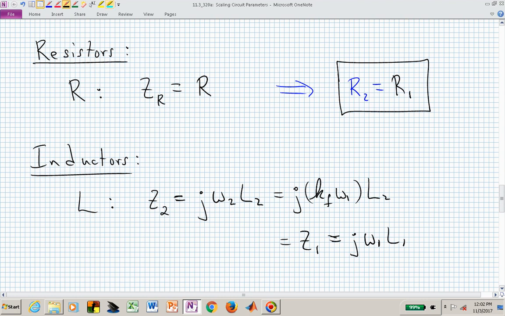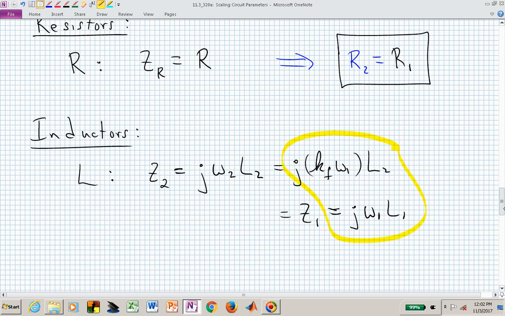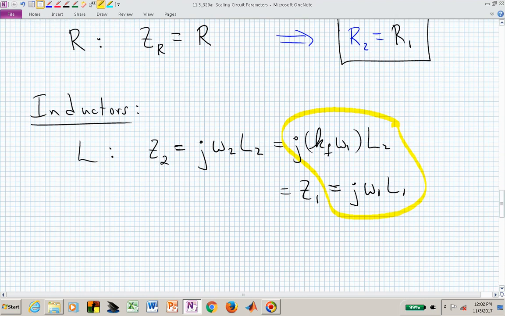Now let's examine what happens when we compare those two expressions. The J's we can cancel. The L1 and L2 are different, so we have to keep those, but the omega 1s are the same, so we can get rid of those. And I hope that you can then see that from that highlighted expression, we have K sub F L sub 2 is equal to L1 when we frequency scale inductors.